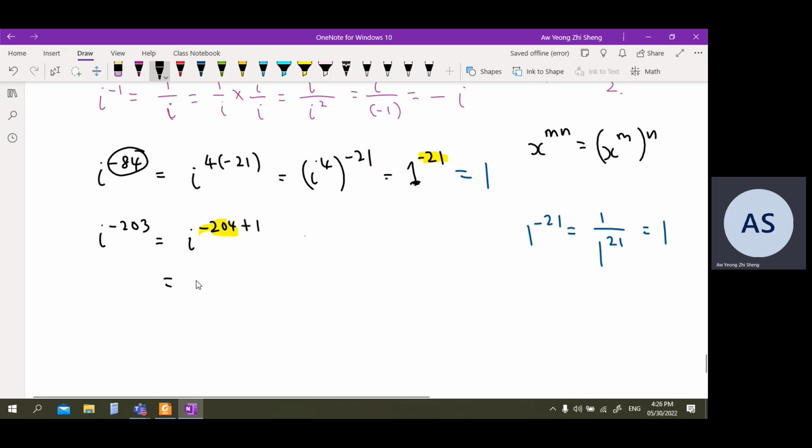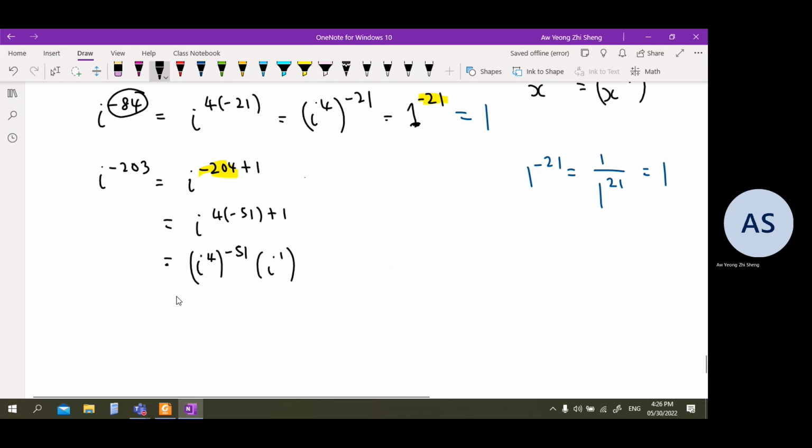I mean, I can write it as 4 times negative 51 plus 1. So by law of indices, I can write this as i to the 4 to the power of minus 51 at the outside, followed by i power 1. This is just 1 to the power of negative 51 times i, and it's simply just i.